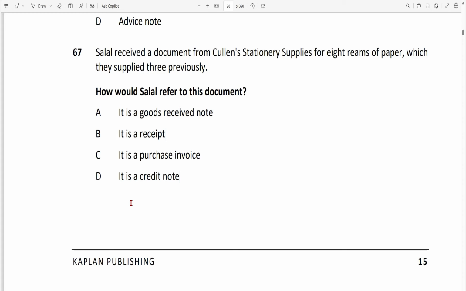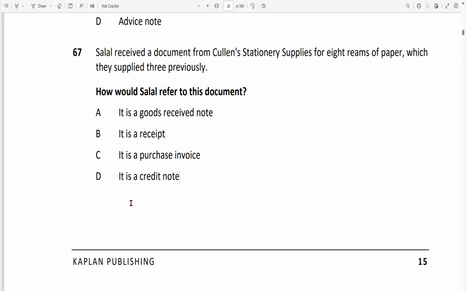Okay, so let's start evaluating each option. First option is a goods receipt note. Basically, a goods receipt note is issued by the buyer, and in our case that is Salal, when they receive goods. As mentioned in the question, Kulin Stationery supplied 8 reams of paper.